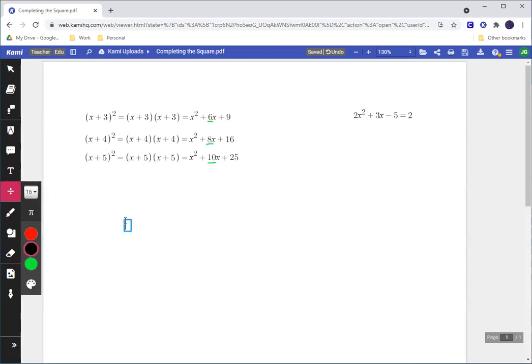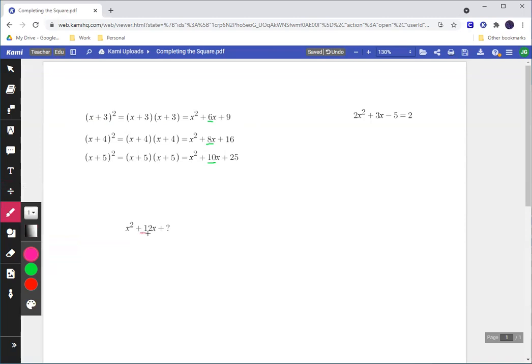So for example, what I mean is, if I told you x squared plus 12x plus something, what would it take to complete that something? What number would go here in order for it to follow these patterns?